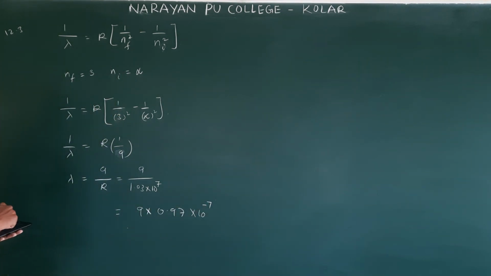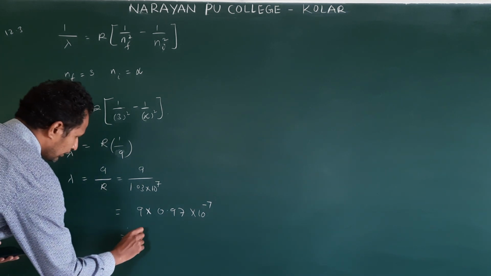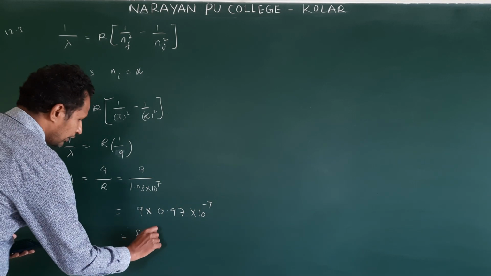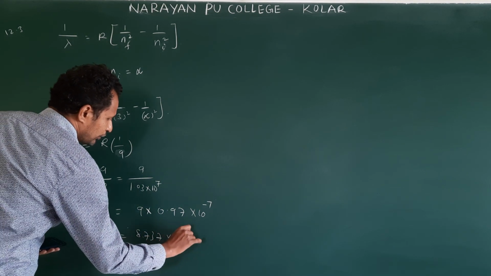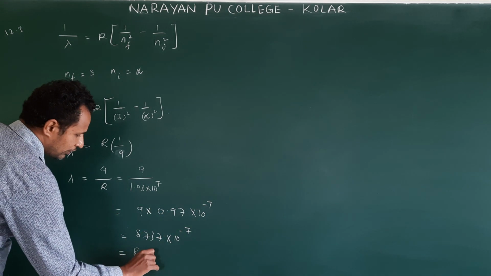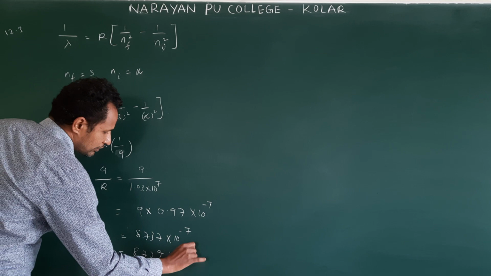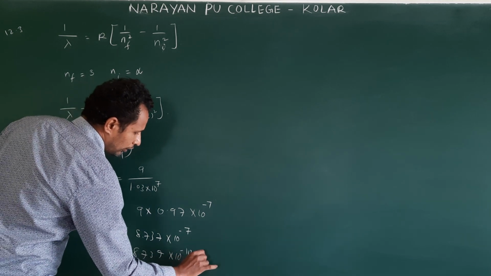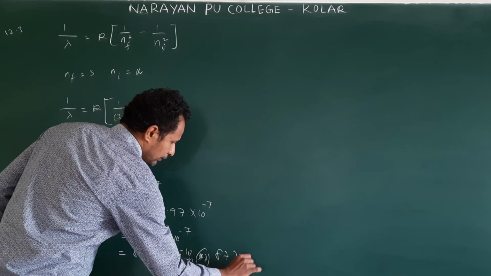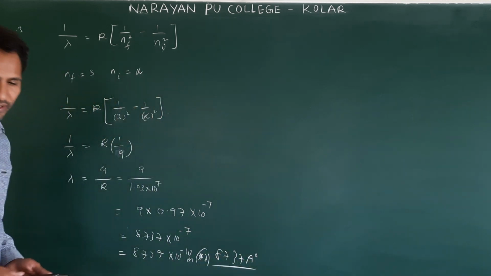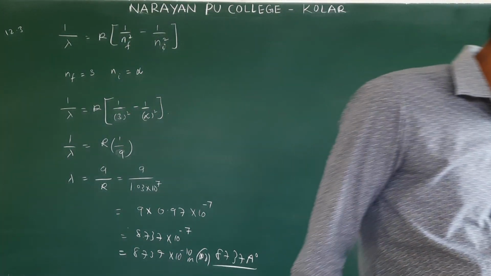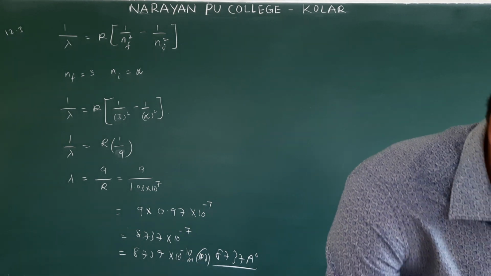So this is 8.737 into 10 power minus 7. Convert this into 10 power minus 10, then 8737 into 10 power minus 10 meters, or 8737 angstroms. Clear? So this is the shortest wavelength. They asked only shortest wavelength, right?